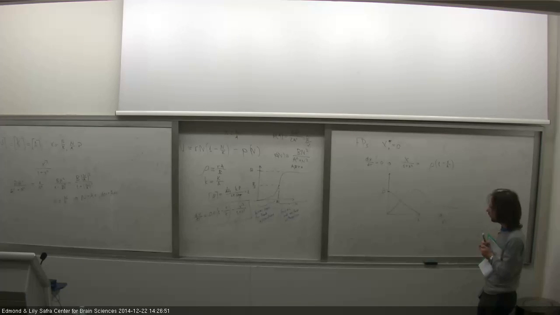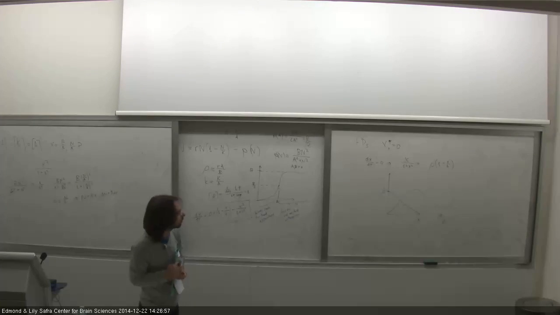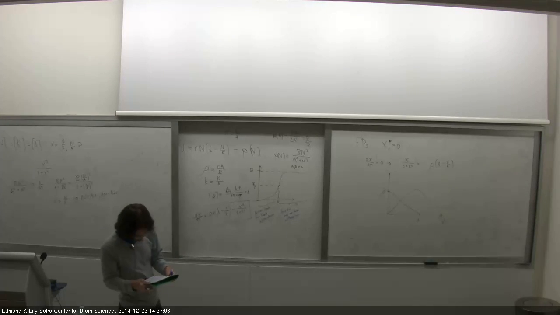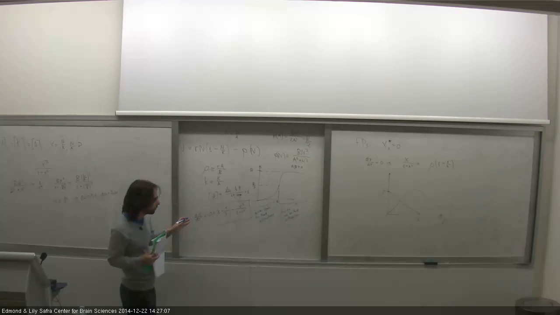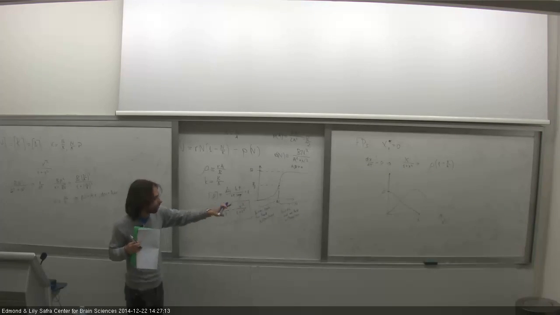And we are asking, where do they intersect? Now, the answer will be different for different values of rho and k. And now you see the advantage of having rho and k only in this part of the equation, because this one stays put.